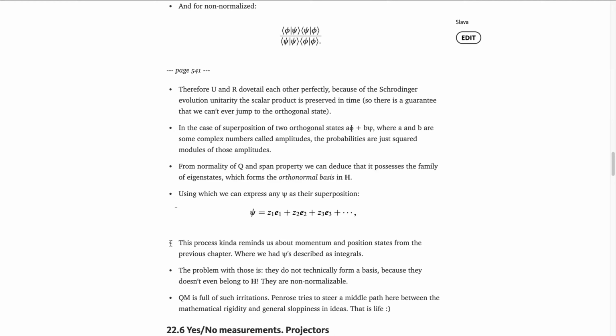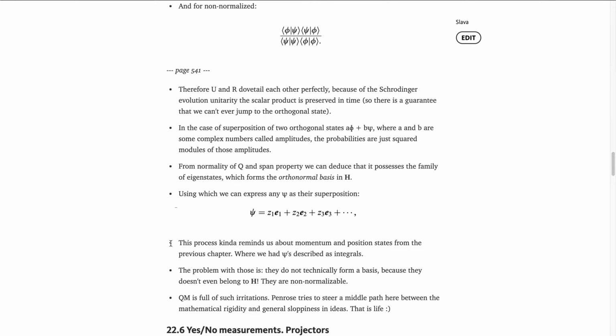So in the case of a superposition of two orthogonal states, where A and B are some complex numbers called amplitudes, the probabilities are just squared moduli of those amplitudes. And of course we can have a lot more of those, not only two, we can combine n orthogonal states or maybe even an infinite number of those.